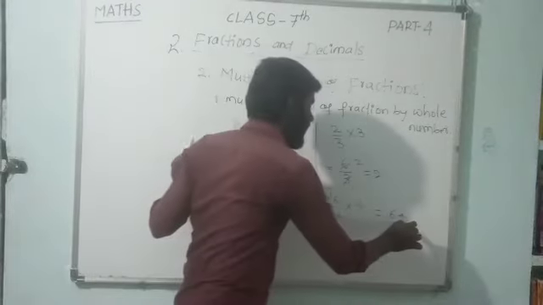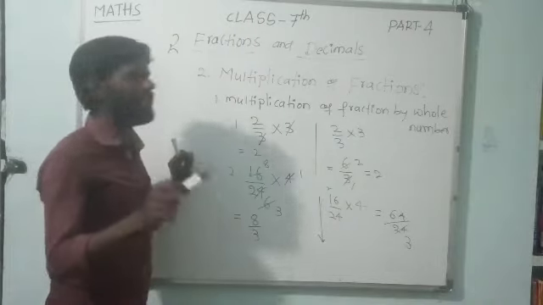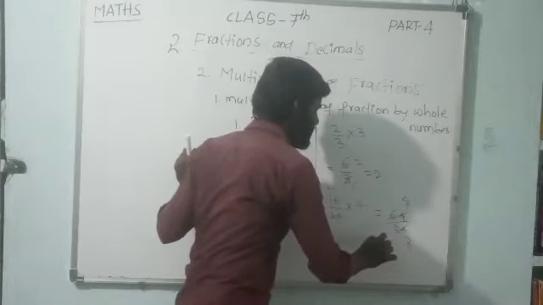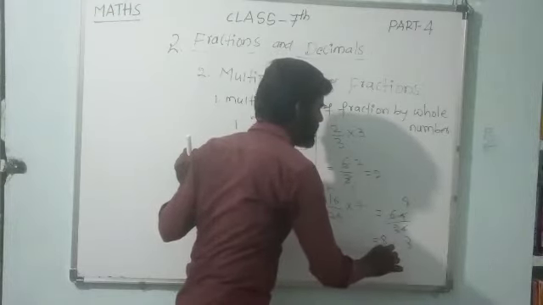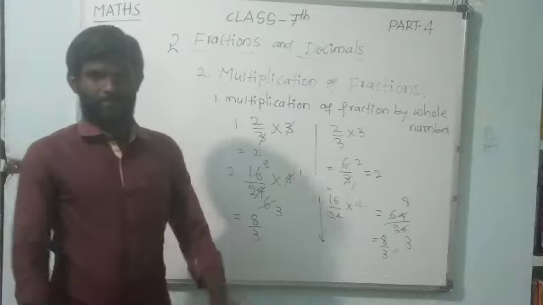Then 8 3s are 24, 8 8s are 64. Answer is, my dear children, 8 by 3.